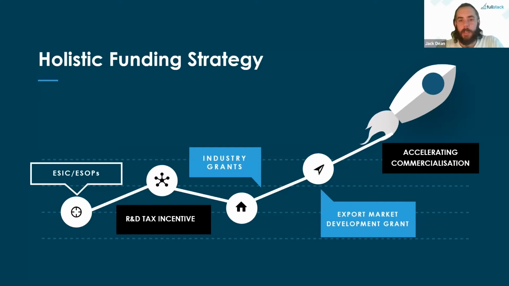So here at Fullstack, we like to look at your funding in a holistic way. It's not just focusing on R&D tax and grants, or just focusing on VC and private capital investment. It's really getting the mix of all of those. There will be different stages where those will be more applicable, and there are obviously advantages and disadvantages.